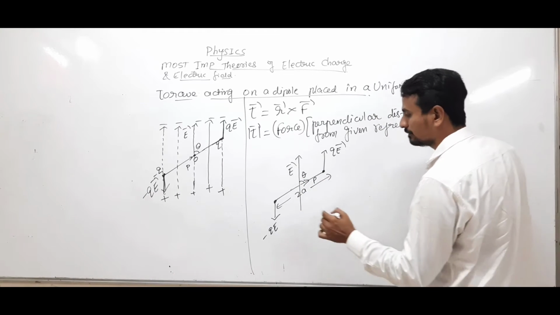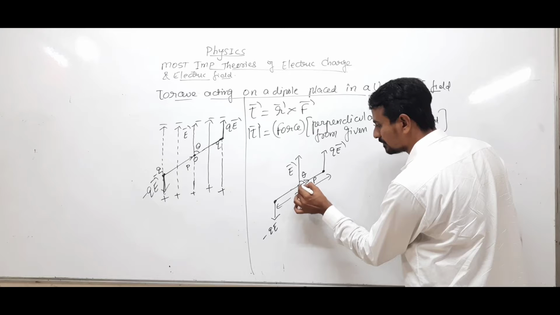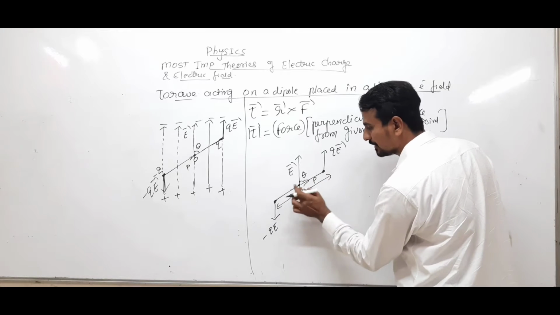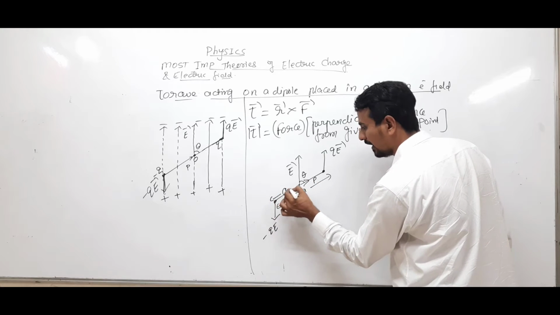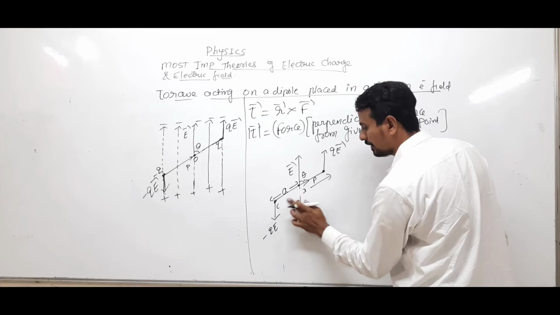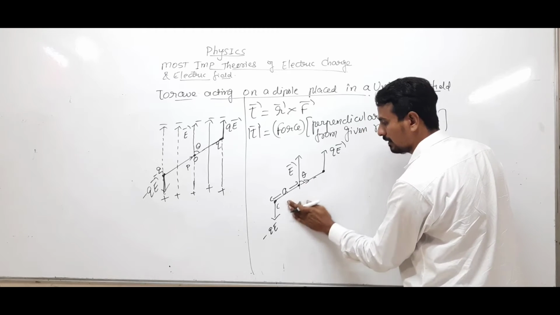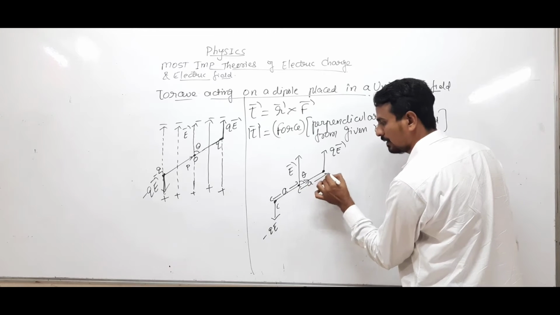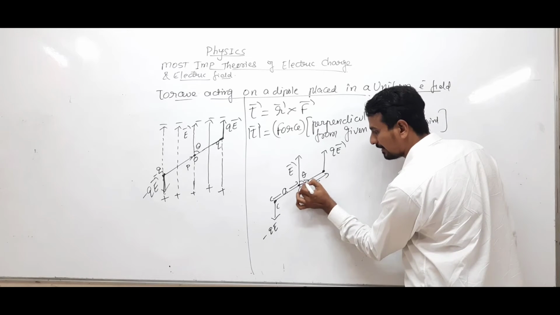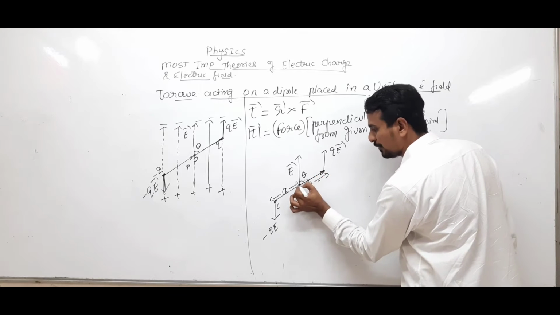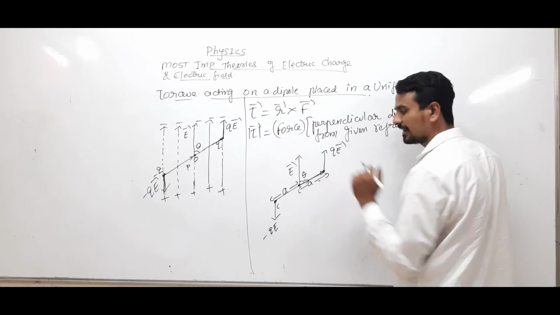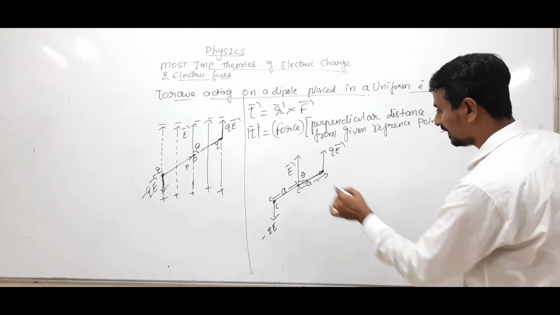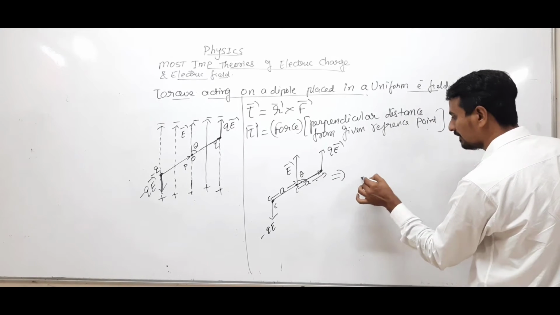So this will be a, this will also be a. This is a, and this is the center of the dipole. The dipole moment is in this direction and the electric field is in this direction.